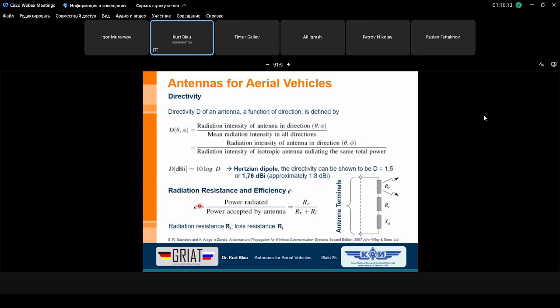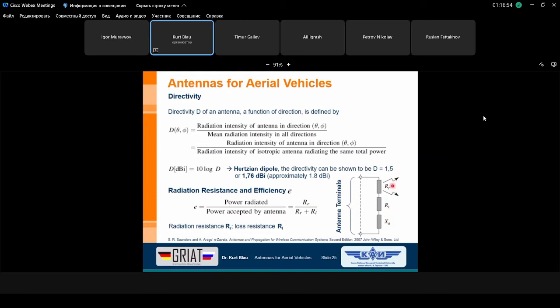This, the small letter e, means nothing else than the power radiated in free space divided by the power delivered to the antenna, meaning to the input terminals of the antenna. We can express this very simply with the so-called radiation resistance: the radiation resistance divided by the radiation resistance plus our loss resistance.